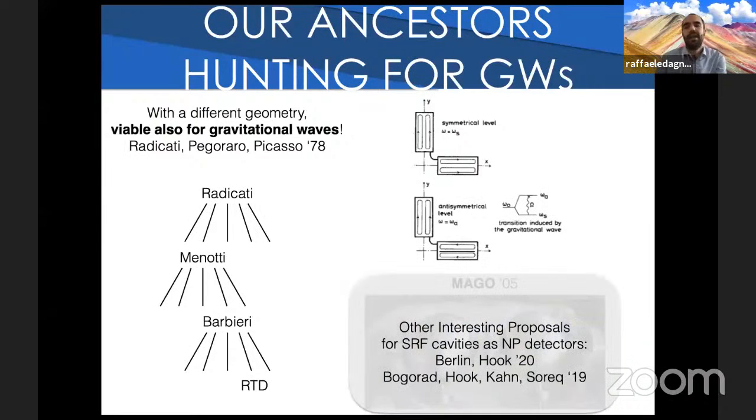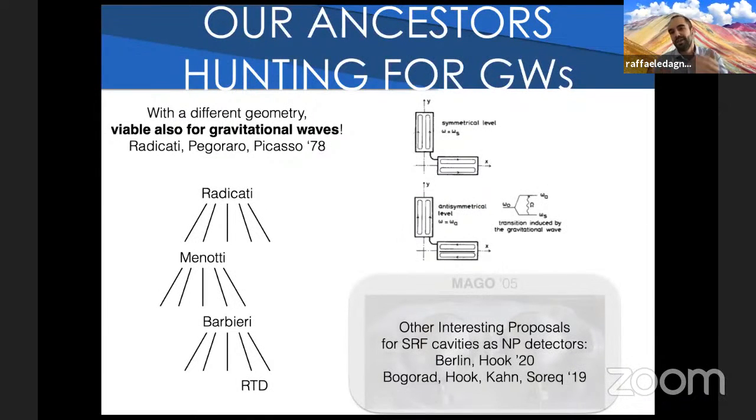All right, and another interesting point, which is slightly outside of the main line of the talk, is that today SRF cavities, so superconducting radiofrequency cavities, like the one that we want to use for this experiment, and like the ones that were proposed for gravitational waves, are becoming increasingly important for fundamental physics.